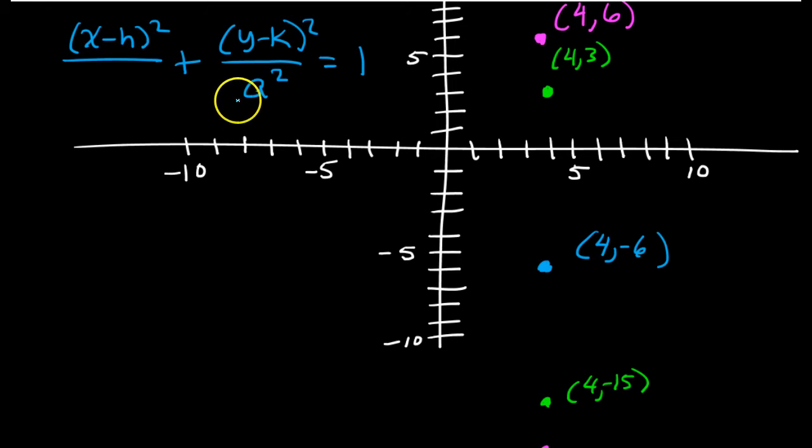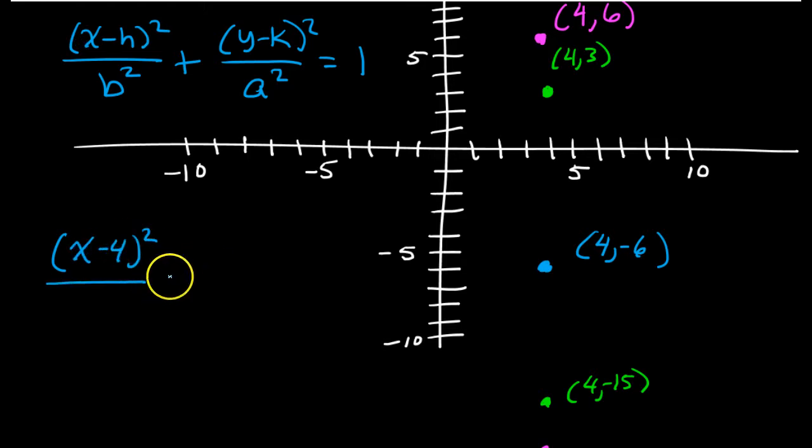In this case, that's vertical. And so my b squared is going to be here. So this is the model that I'm going to use for this vertical ellipse. Now that I know the center, I can go ahead and do the numerator. So this is going to be x minus 4 squared over b squared. And this is going to be y plus 6 squared. Okay, all I need is my a squared and my b squared.